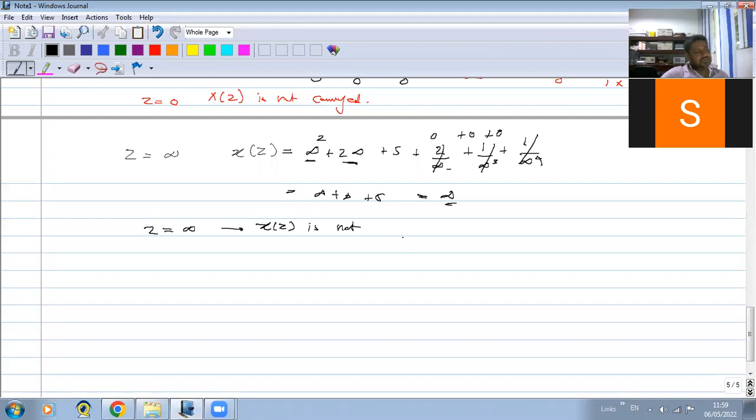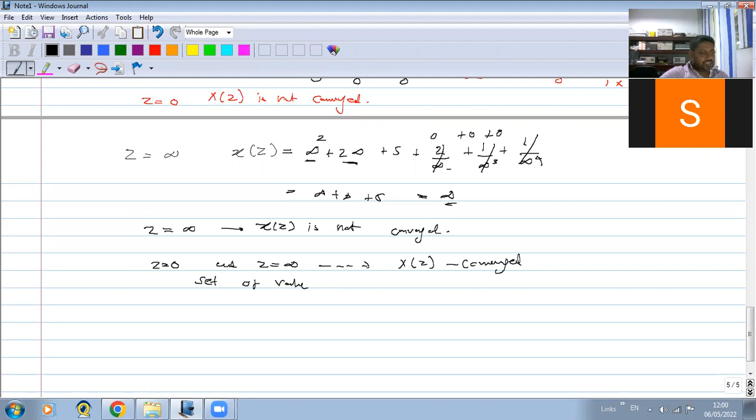So except for z equal to 0 and z equal to infinity, for all other values, this X(z) will be converged.